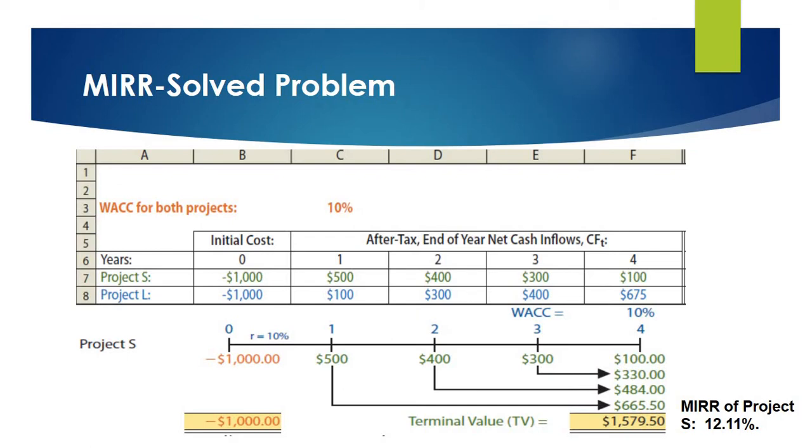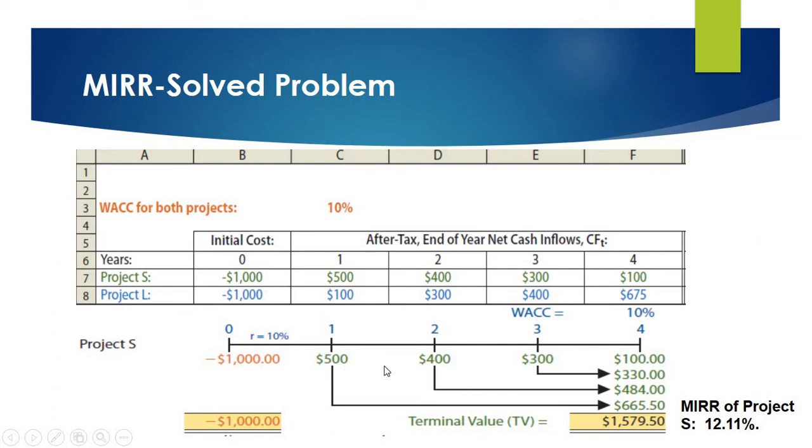Here is a solved problem of MIRR. There are two projects, and the weighted average cost of capital, or simply the cost of capital, for both projects is 10%. Let's look at project S. It has an initial investment of $1,000. Cost of capital, or R, is 10%. It will generate $500 in year 1, $400 in year 2, $300 in year 3, and $100 in year 4.